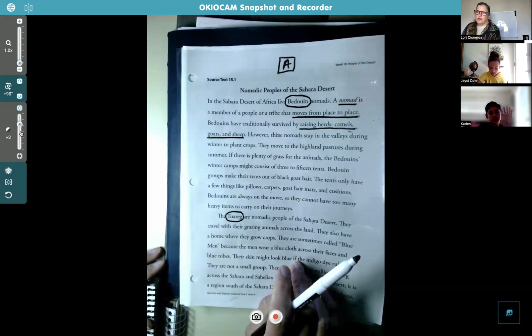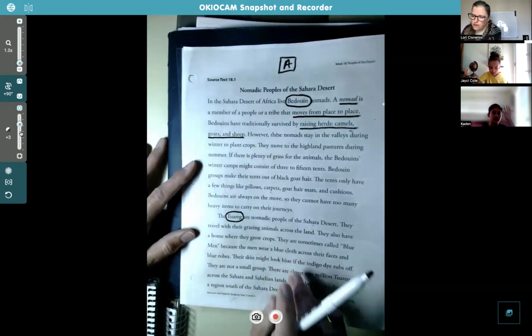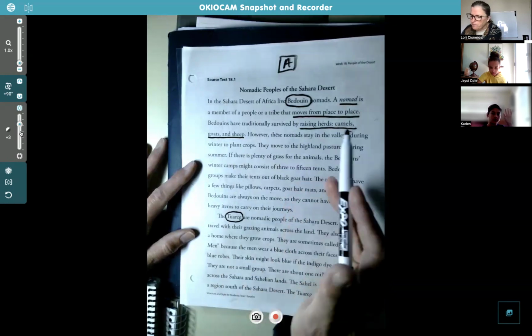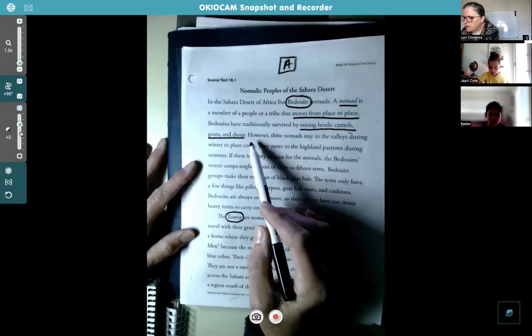The camels carry stuff, but goats have milk. Some people eat goat meat, and sheep is like lamb meat, and goats can also be milked. So I'm thinking this is their source of food, right? Among other things too. Okay, I'm going to keep going.